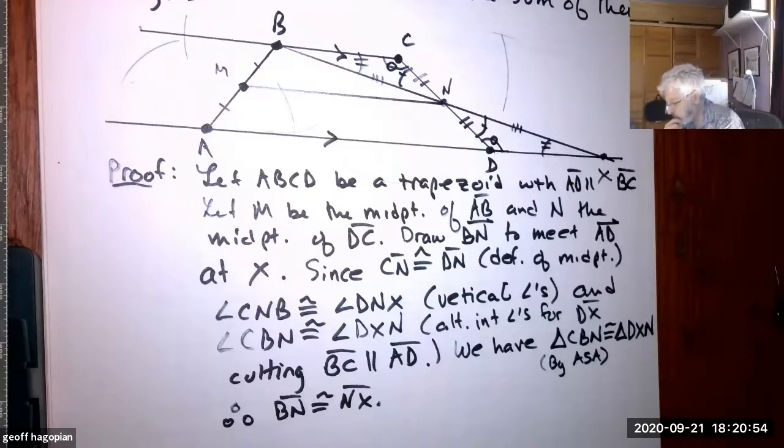Right. Okay, so we're going to use, do you recall the theorem that the median line for a triangle, I don't know, did we prove this? The median line for a triangle is half the base. I think we did prove this, right? So now we've established that MN is half of AX.